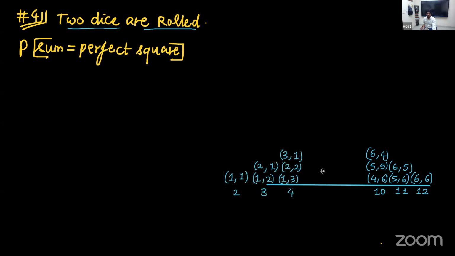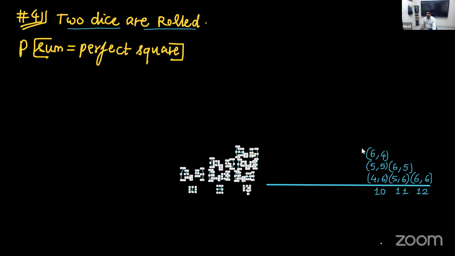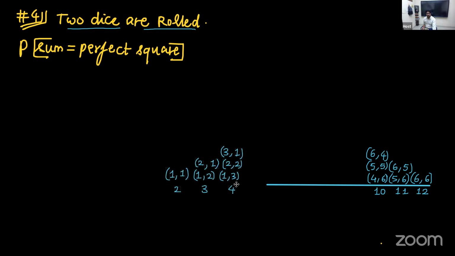Now let me shift this part so that we have 5, 6, 7, 8, 9. Shift this a little bit more.